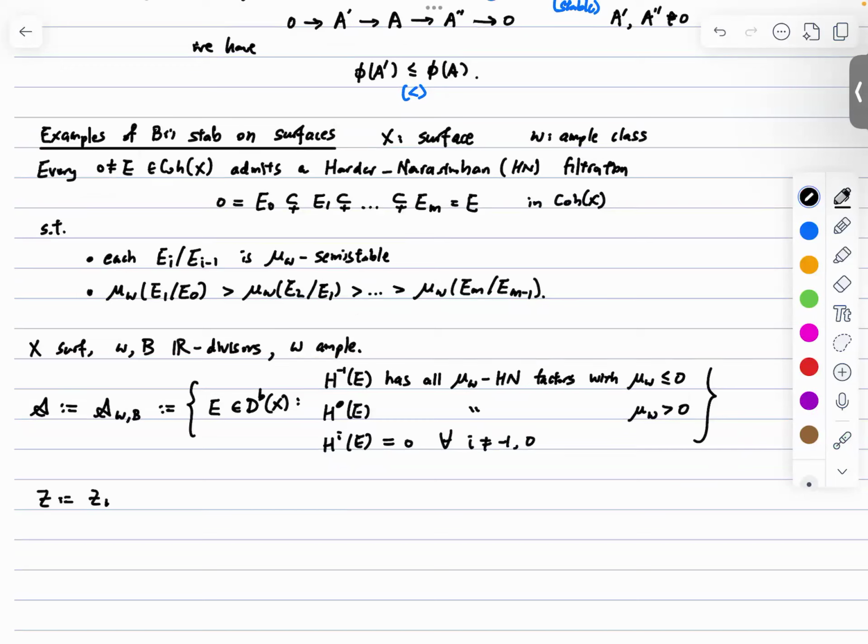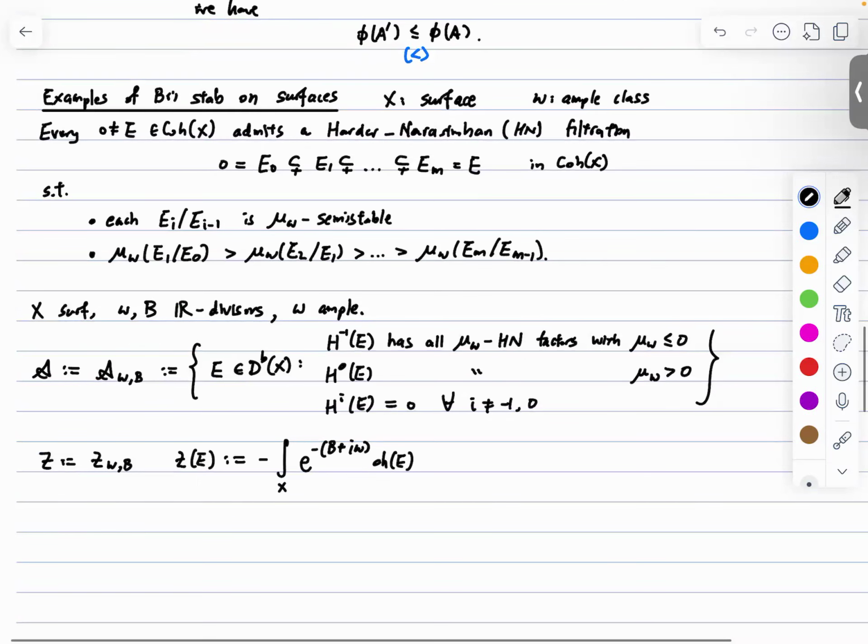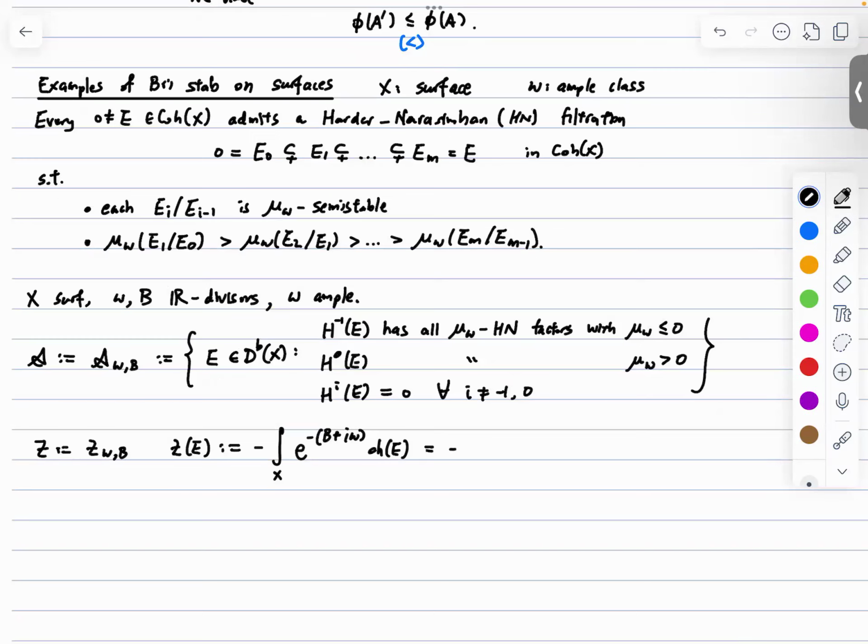Well, it's also defined using omega and B. So let me pick an object E. For this group homomorphism, the definition is negative the integral of e to the minus (B plus i times omega) times the Chern character of E. And if you compute this number, it comes out to be minus the second twisted Chern character of E plus omega squared over 2 times the twisted Chern 0 of E plus i times omega times the twisted Chern 1 of E. And what I mean by these twisted Chern characters is as follows.